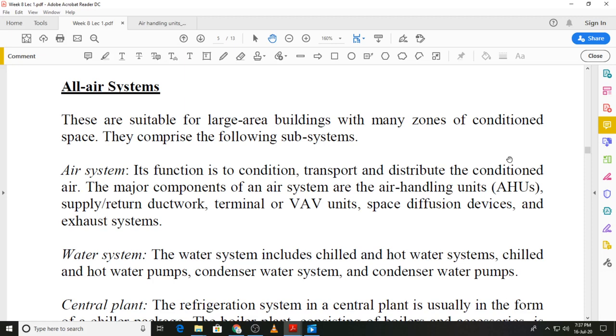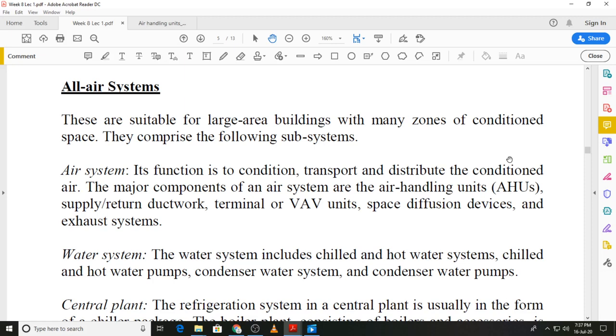VAV stands for variable air volume. We will look at that as well later on. And of course, when the air is supplied to a room or a space, we have to diffuse it, so the air movement in the conditioned space is also done in a proper manner.